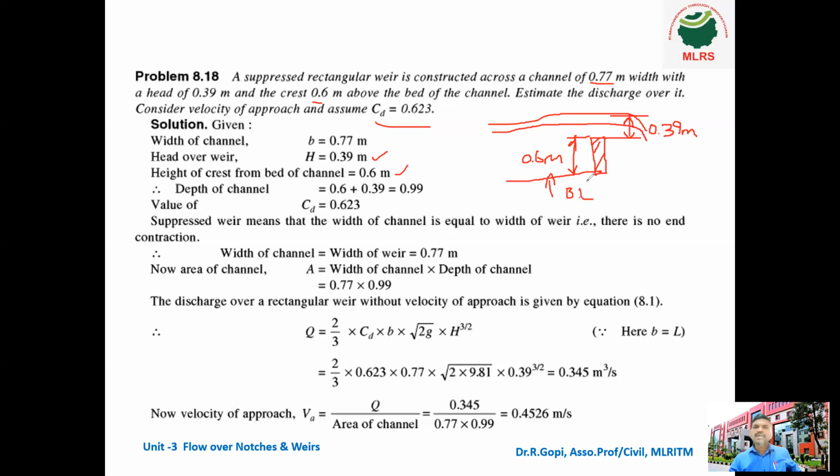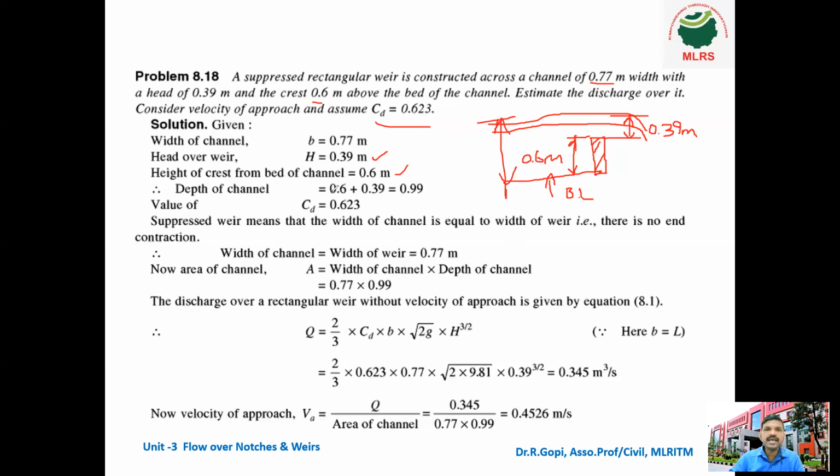Okay, now tell me what is the overall height, depth of the channel, overall height from here to here. So it is nothing but 0.6 meter plus 0.39 meter. So that is your depth of the channel. So why we need depth of the channel?